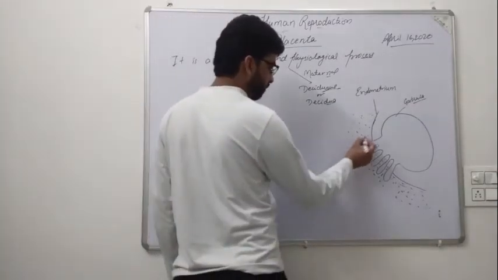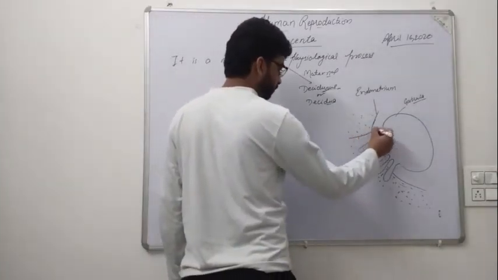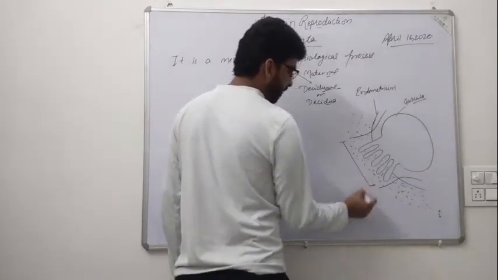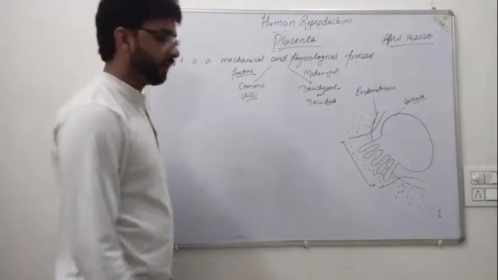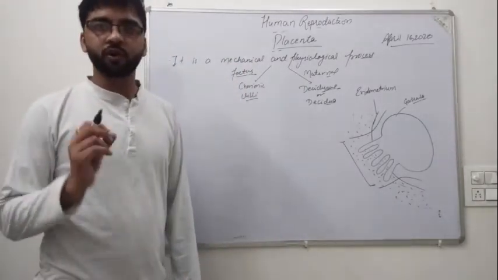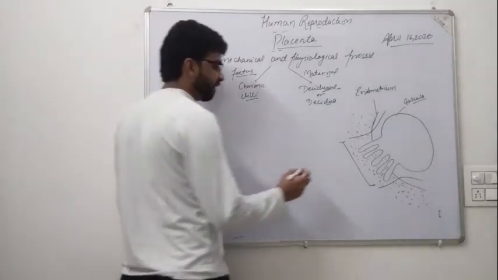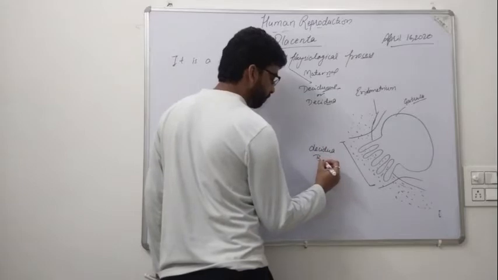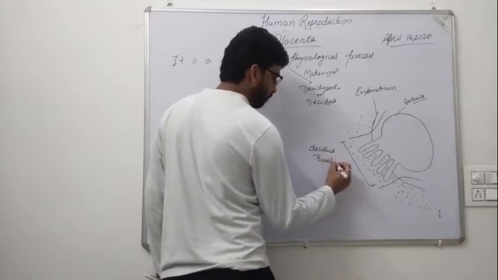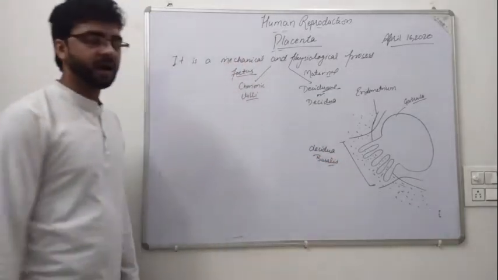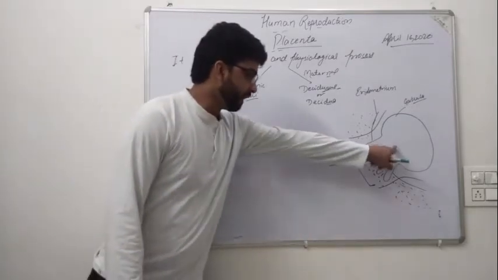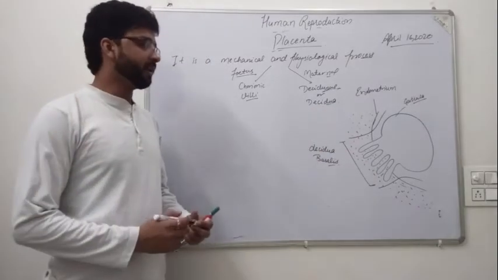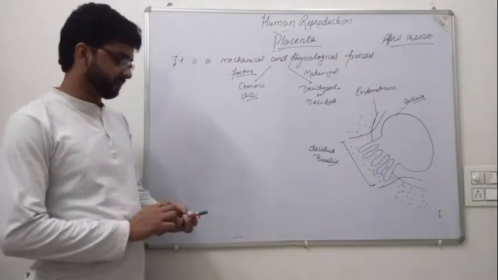Here in this part, in which chorionic villi are embedded inside, it is known as decidua basalis. The part where chorionic villi are embedded inside the endometrium wall of the uterus is called decidua basalis.